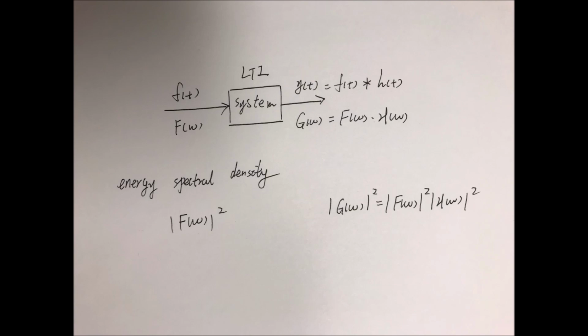Now we have the third relationship, in terms of spectral density. This is my input signal's energy spectral density, and this is the output. The equation is over there.